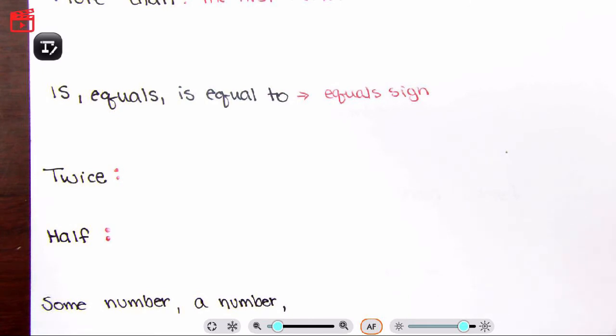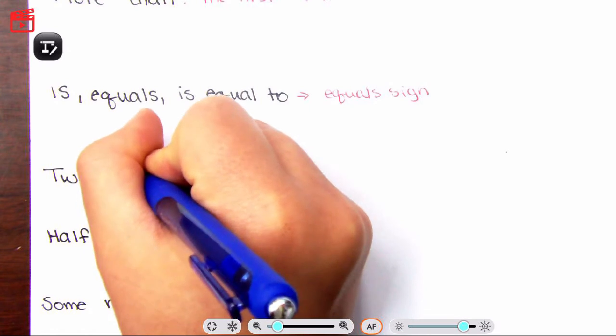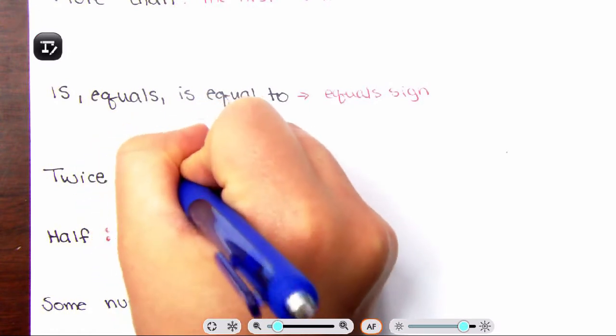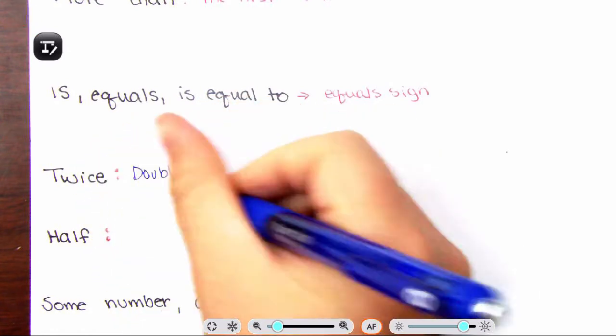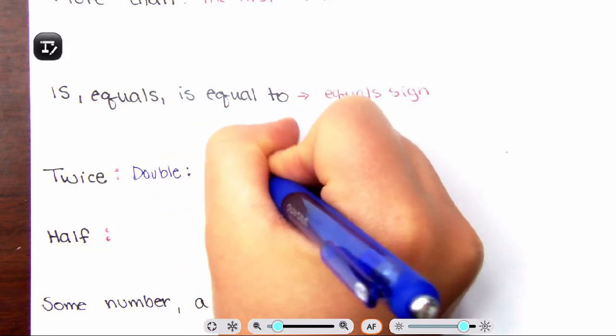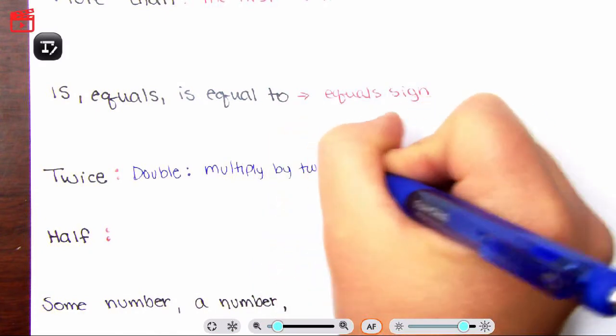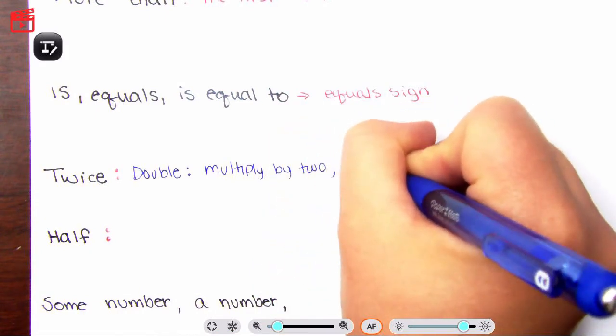If you have something that is twice, then you also have double, and that is multiply by 2, or you can also say 2 times the number.